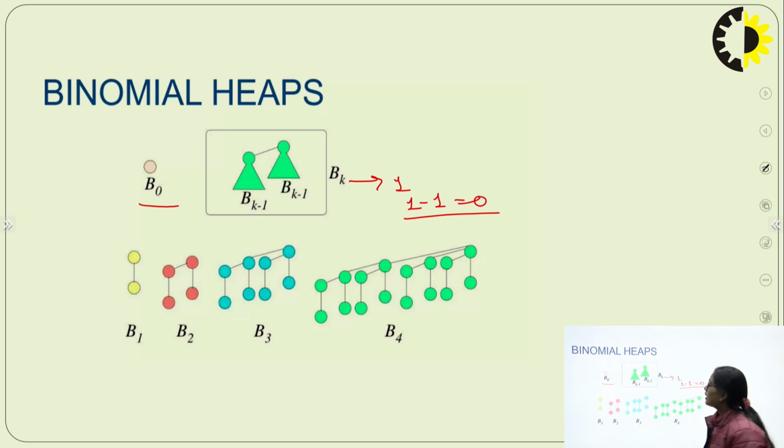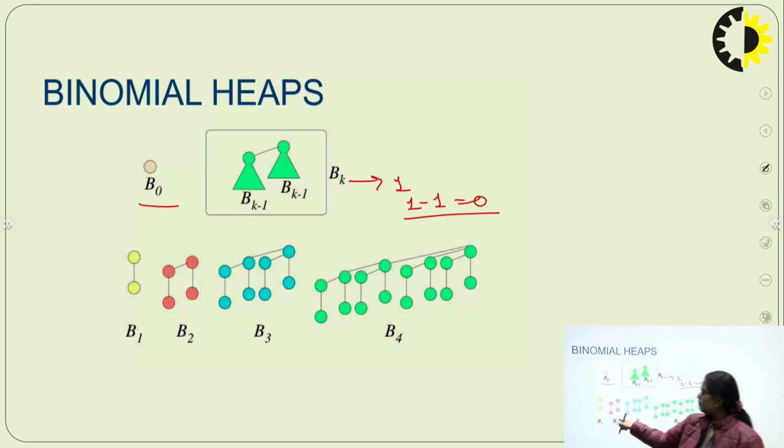So in the B1 ordered tree, we have two B0 trees. B0 has only one node, so B1 is the combination of two B0 nodes, where one B0 is the leftmost child of the other B0.